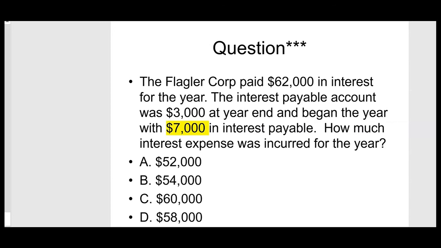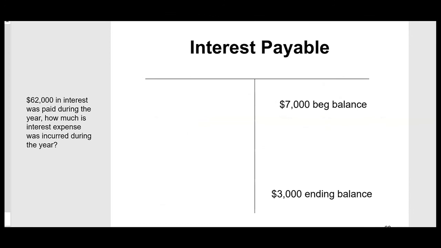So if you can do things like this, change one number and see if you can solve it, that's the finer points of passing the CPA exam, because that's what the exam's going to do. They know the question that you've studied because they released it and everybody studied it and memorized it. But can they solve it if one or two numbers changed? If just one number changes here, the beginning balance being 7,000 instead of 1,000, now you have a drop in interest payable instead of an increase in interest payable.